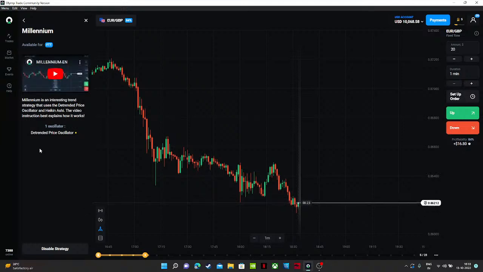I will be telling you the manual way of applying the strategy so that you can apply the strategy even if you are having the starter status on the platform. So Millennium is an interesting trend strategy that uses the detrended price oscillator and Heiken-Ashi candlestick type. Okay, so let us enable the strategy.